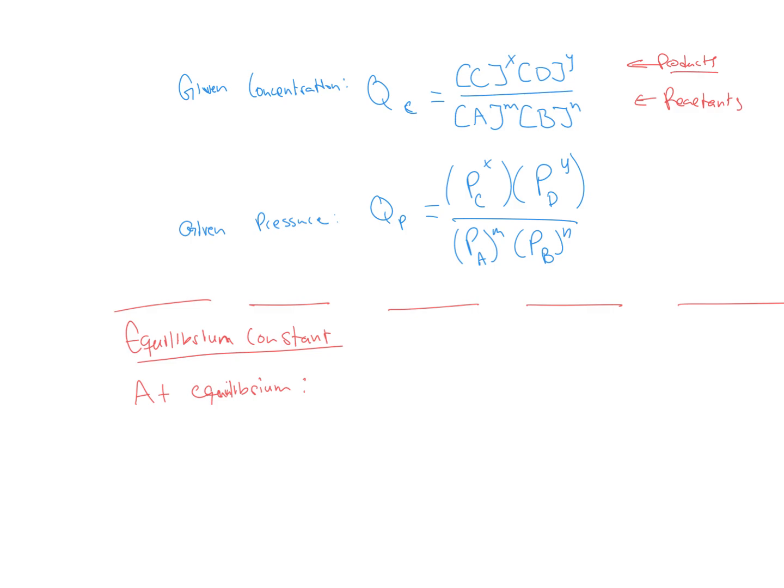And under these circumstances, Q is equal to K, uppercase K, where K is the equilibrium constant. And so at equilibrium, your reaction quotient is equal to your equilibrium constant. The equilibrium constant only exists specifically at equilibrium.